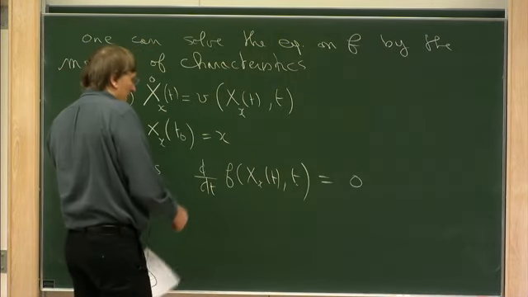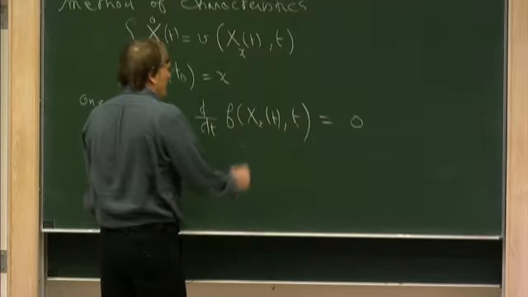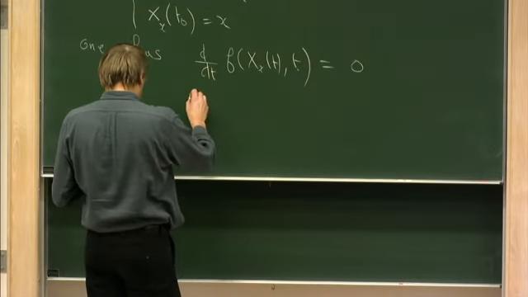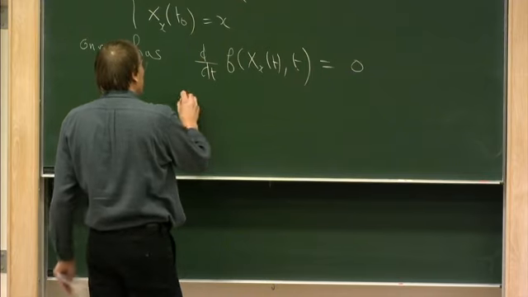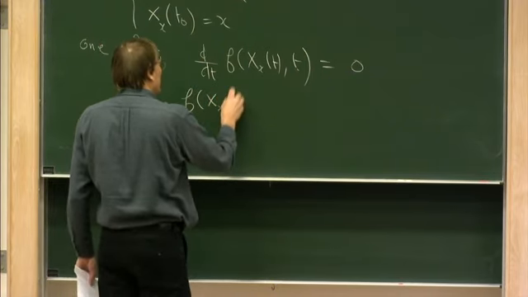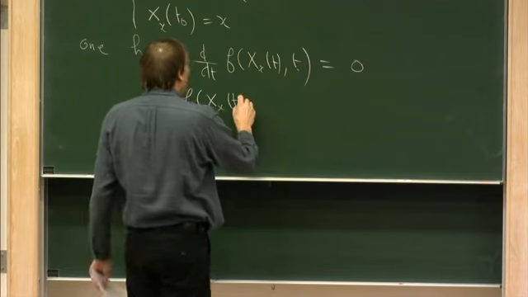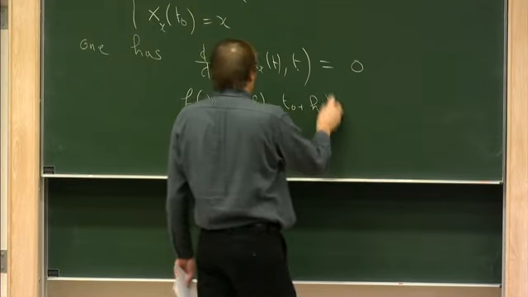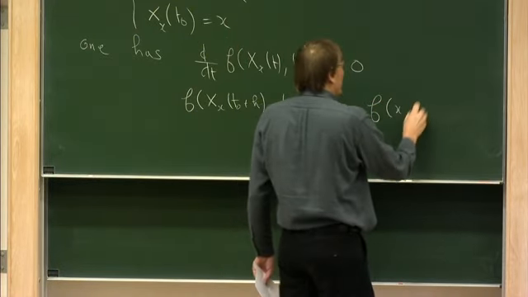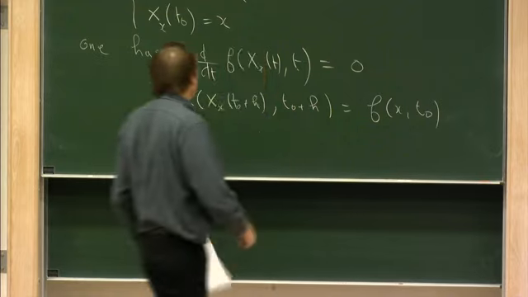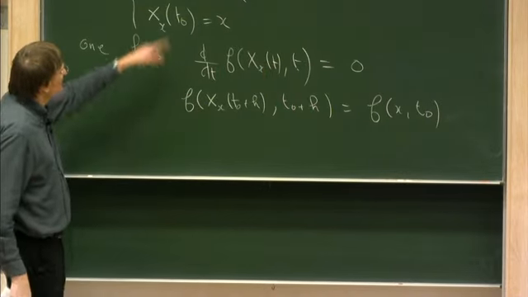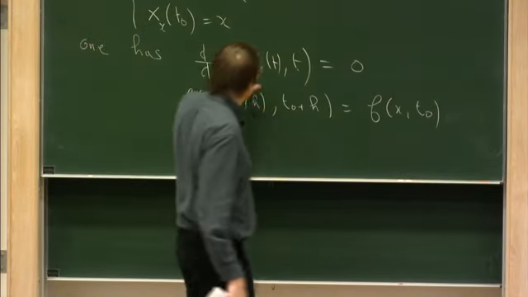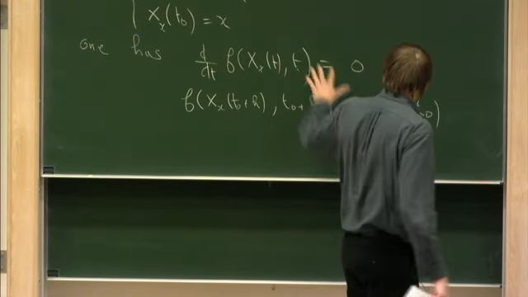So this means that the function f satisfies that f of x, x of t plus h, and t0 plus h equal f of x and t0, taking simply the times t0 and t0 plus h in this equality here, the fact that this is constant.